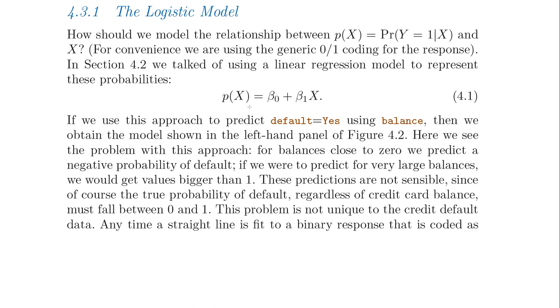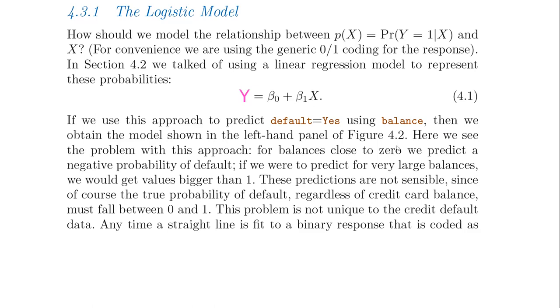If I simply change this to y, this would now be chapter 3. This is exactly what we did in linear regression. X is a numerical variable, balance, but y would also be numerical.